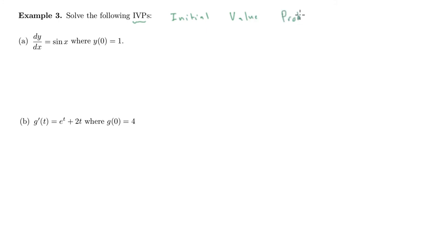So the initial value problem simply just said you're looking for a function that satisfies a differential equation and then satisfies some initial condition. Okay, so here's the initial condition. And then here, this is the differential equation.